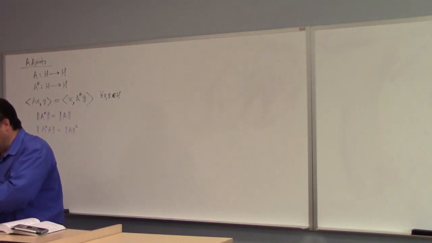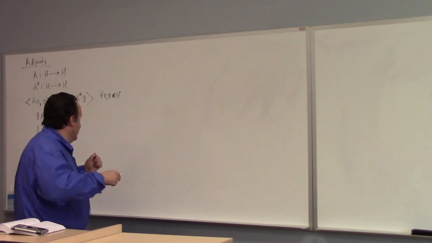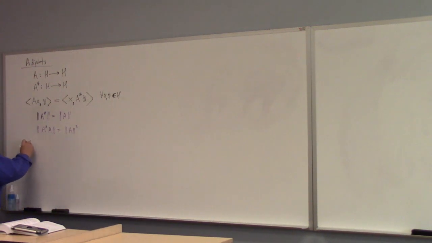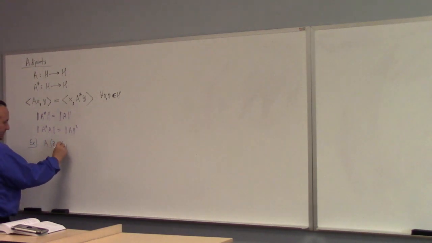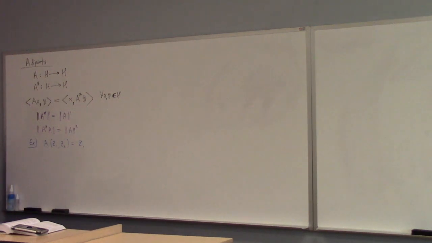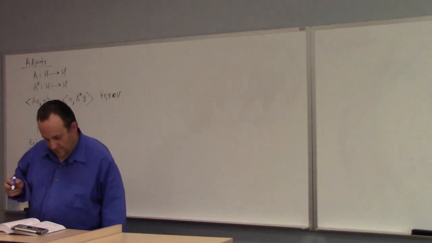The book has an example which I think is kind of nice and easy: A of (Z1, Z2) equals Z1.